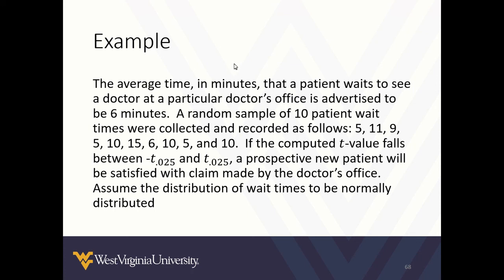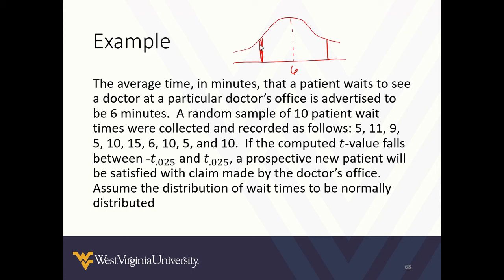And just to clarify, we're assuming, again, our t-distribution is unimodal and symmetric. The doctor is claiming that the wait time is 6 minutes. Now, most people are generally reasonable, and so they know that 6 minutes isn't going to be exact. It might be a little bit less or a little bit more.